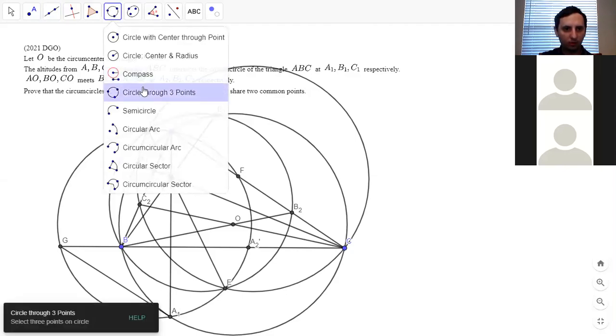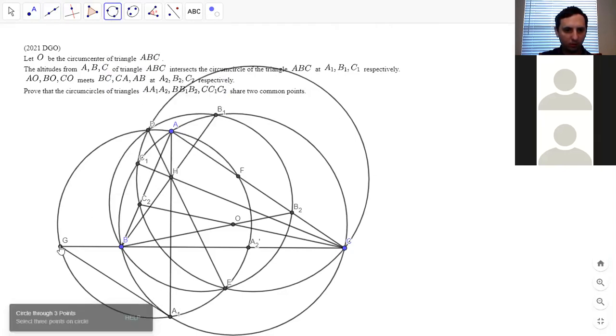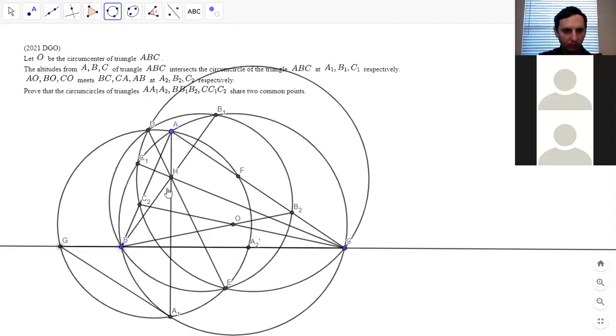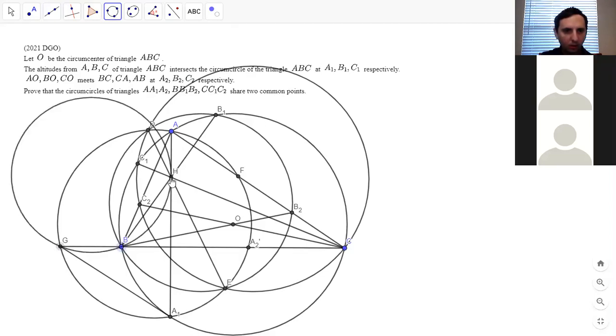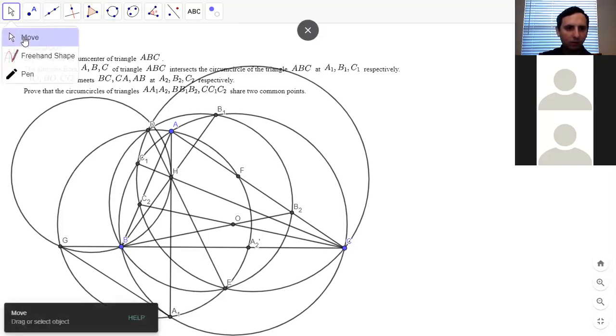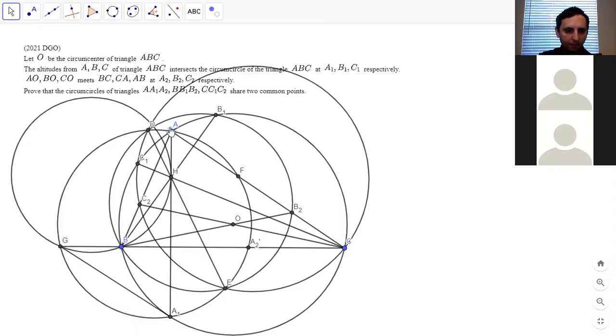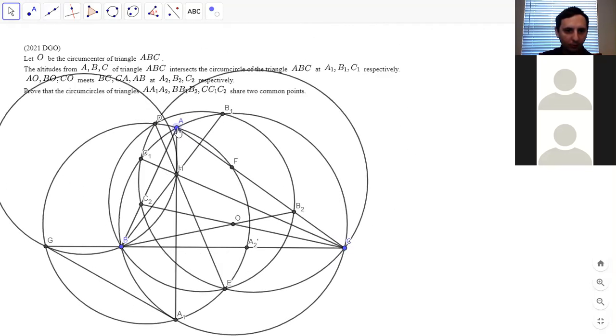So, it's interesting. So is GHB tangent to AH? Yeah, that looks true.